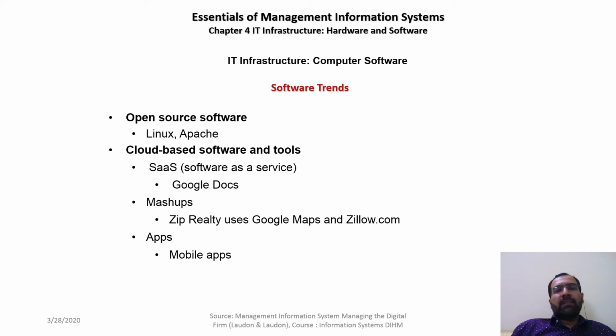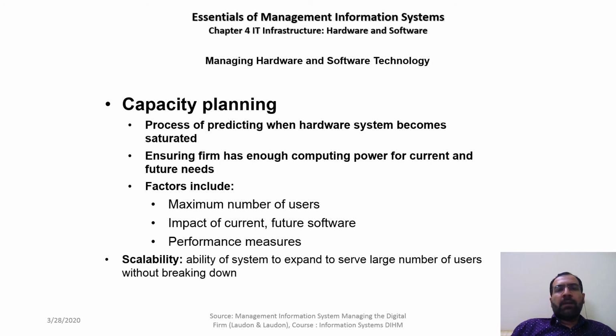There are cloud-based services and tools, as I discussed earlier: mobile apps, mashup apps, and software as a service. For example, we use Google Docs, which is another example of software as a service tool.